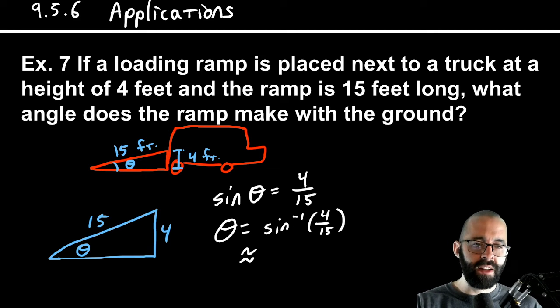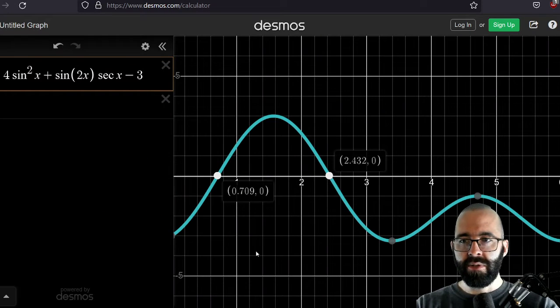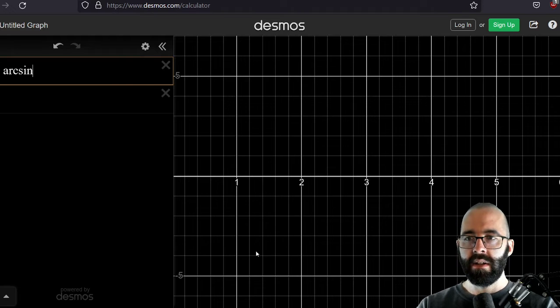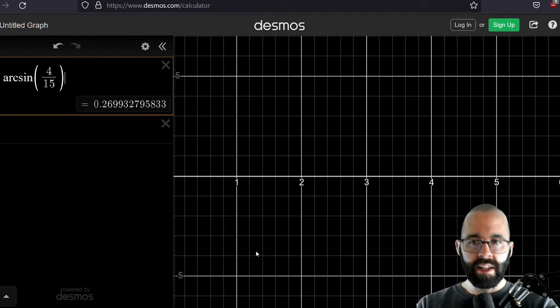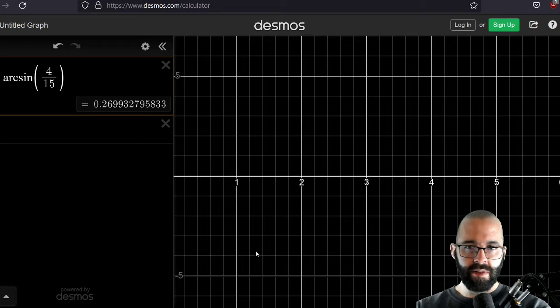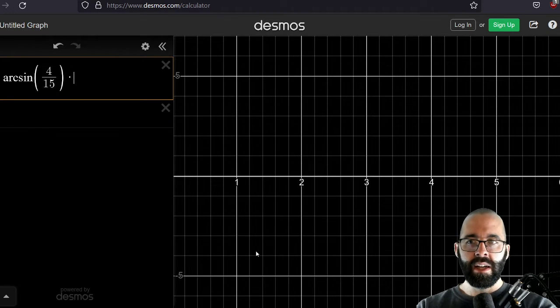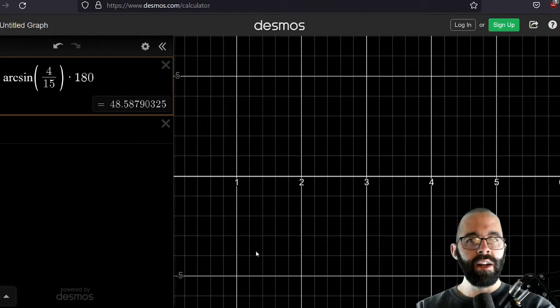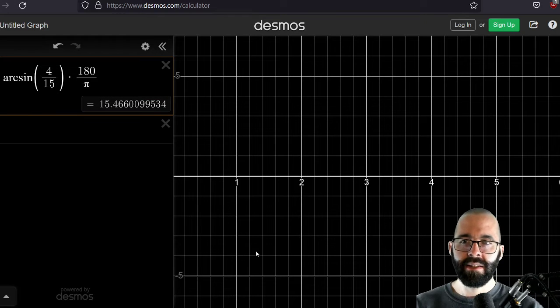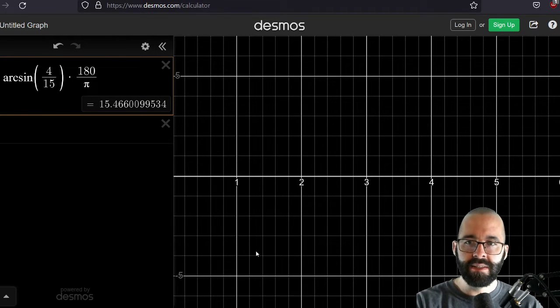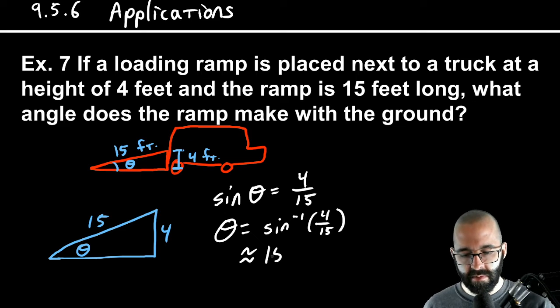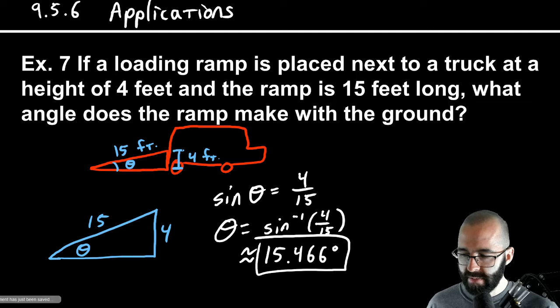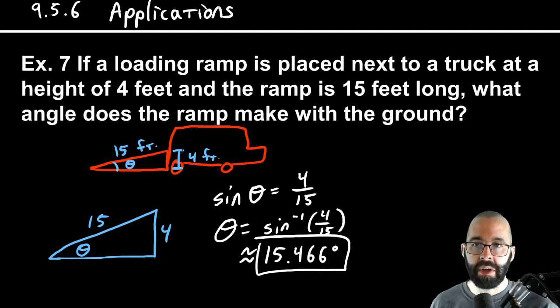A lot of times we use radians for scientific applications, but for day-to-day stuff like this, usually degrees. Desmos always gives you your answer in radians. To change, 180 degrees is the same as pi radians, so it's about 15.466 degrees. There we go.